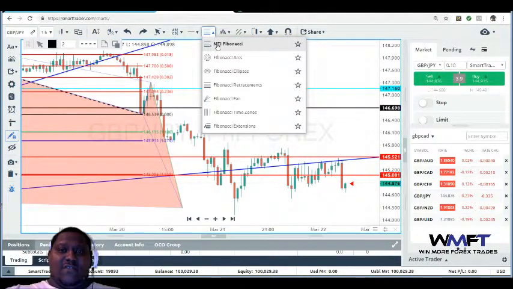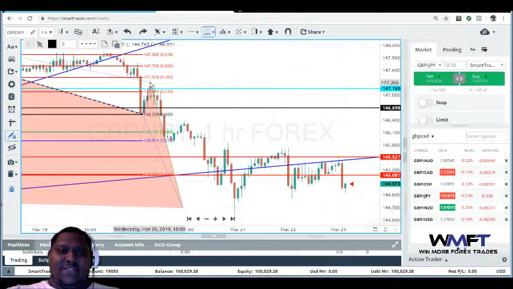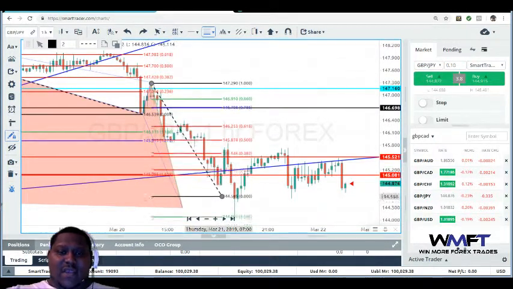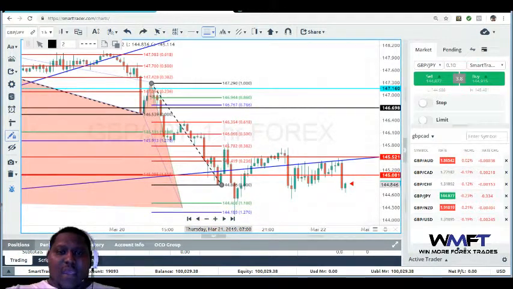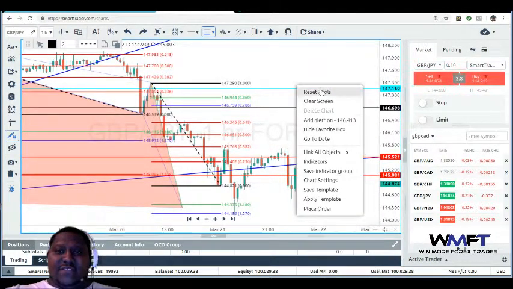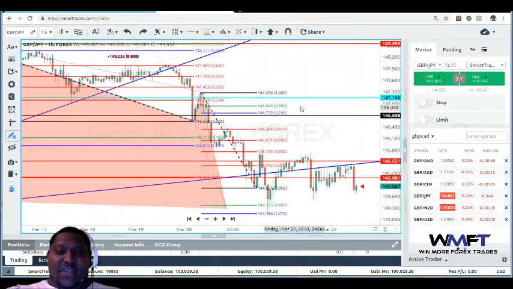So let's draw another Fibonacci. That's how you move your Fibonacci's. That highest point, that was our C, which becomes the new A, and the D, which becomes the new B. So that is the current Fibonacci swing on the 1 hour time frame.